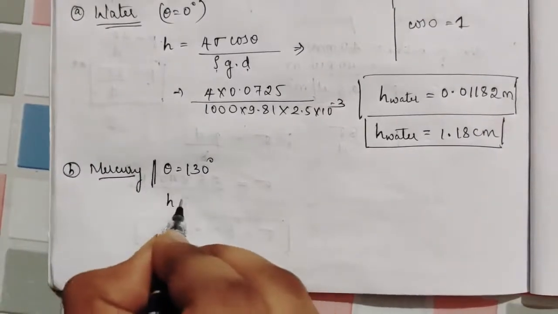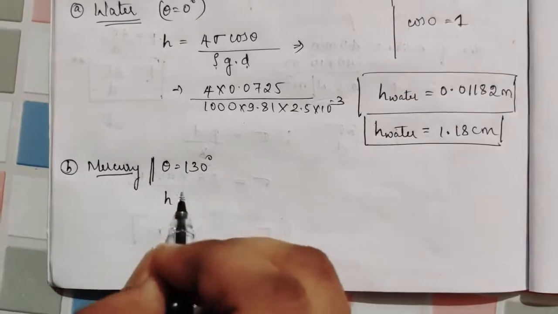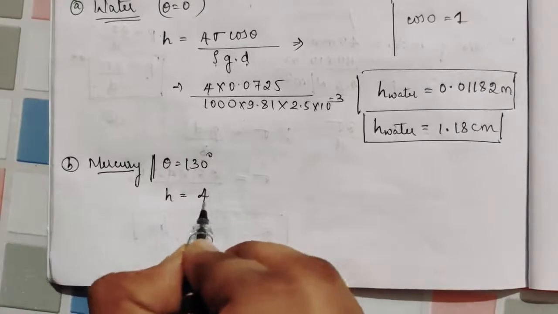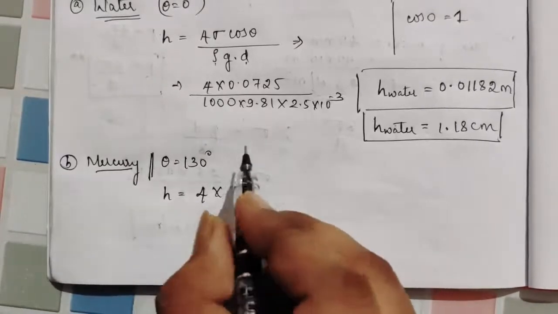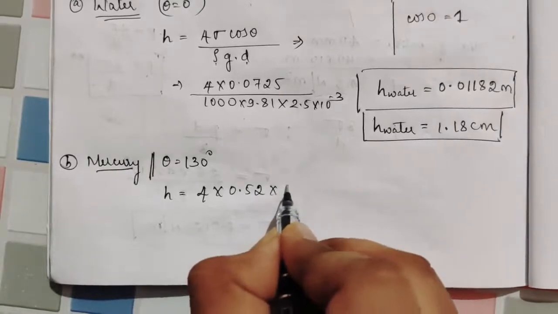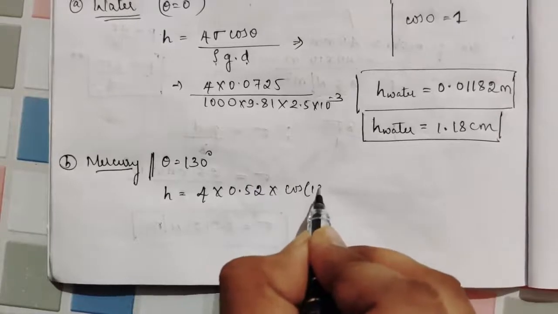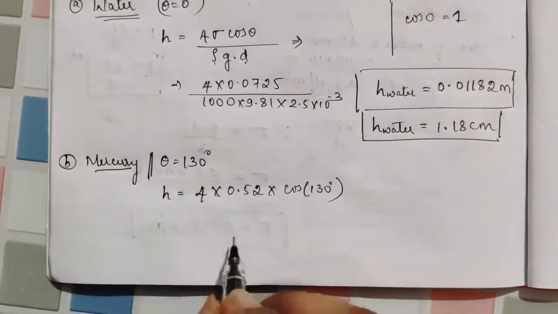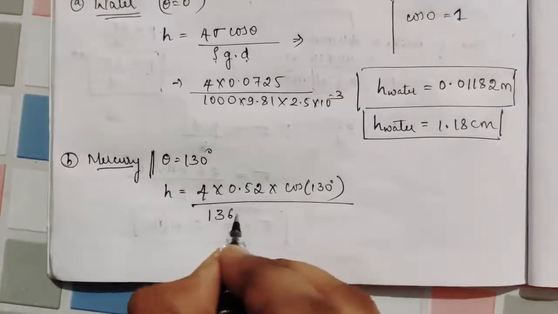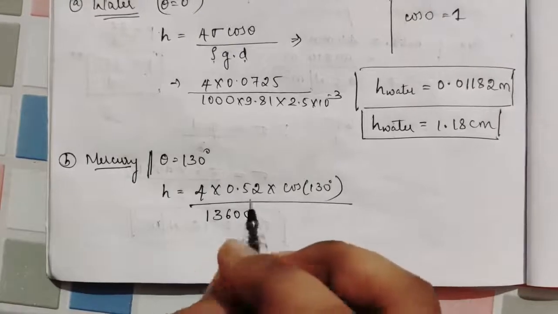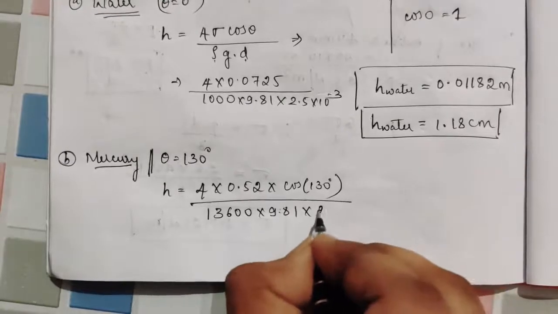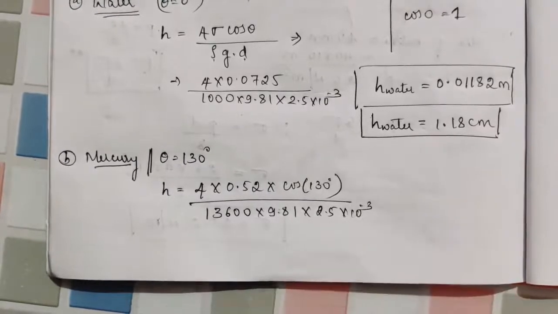Next, the same formula, H is equal to 4 sigma cos theta divided by rho g d. So I will directly substitute 4 into sigma, the surface tension of mercury, into cos 130 degree, obtuse, more than 90, divided by rho, 13,600 kg per meter cube, into 9.81 into 2.5 into 10 power minus 3.